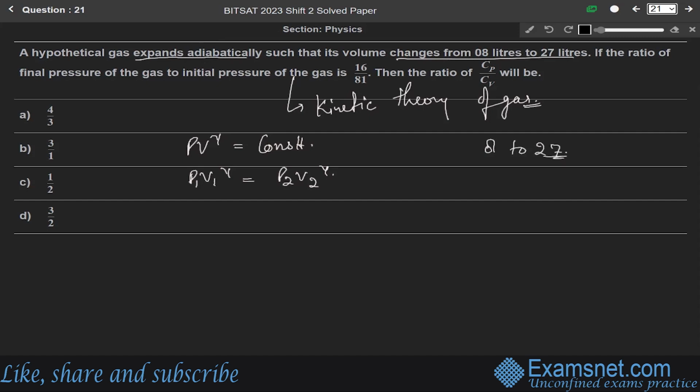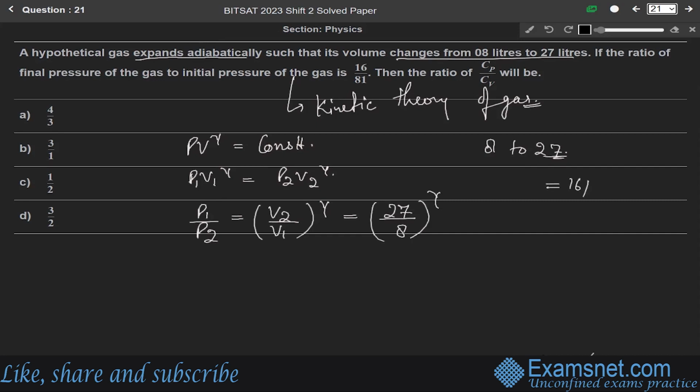Okay, so for this we can write P1 over P2 is equal to (V2 over V1) whole power gamma. So V2 is 27, and V1 is 8. So we can write (27 over 8) whole power gamma. Okay. And in this question, we are given the ratio of the final pressure to the initial pressure.